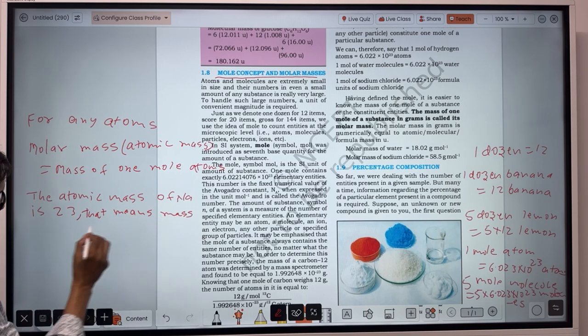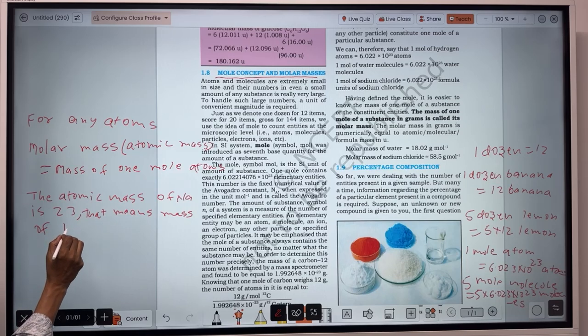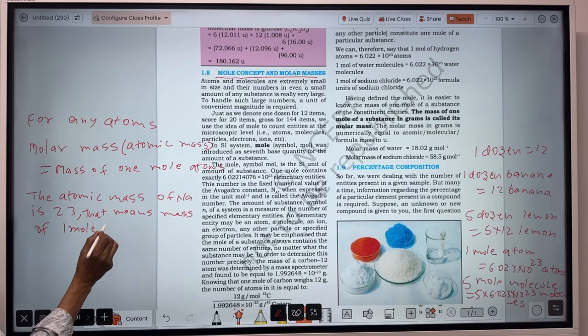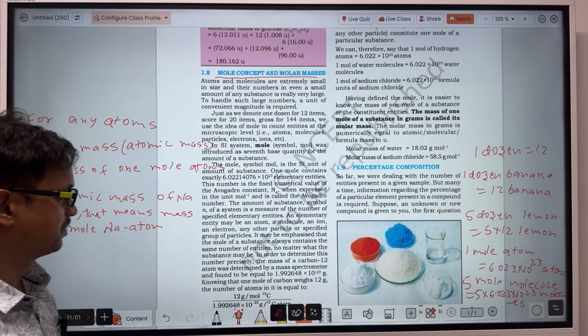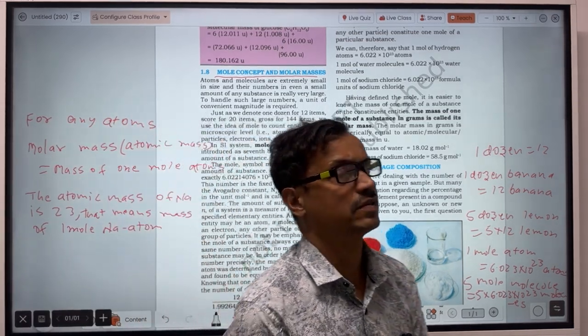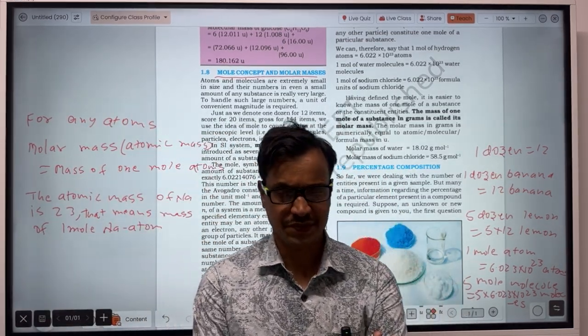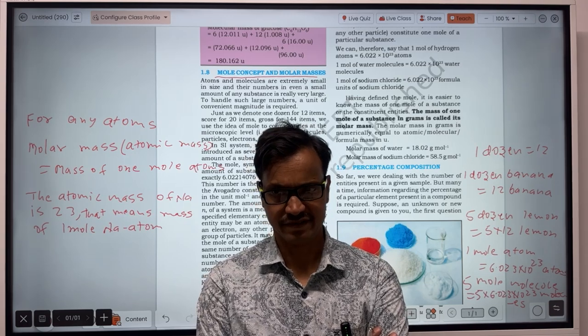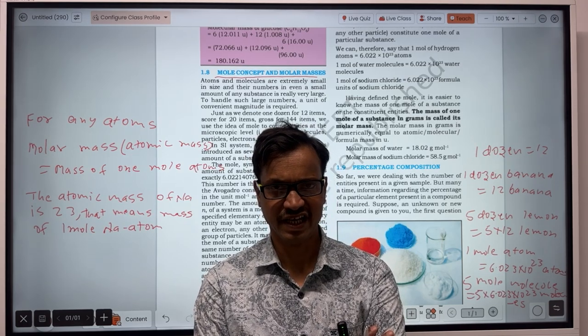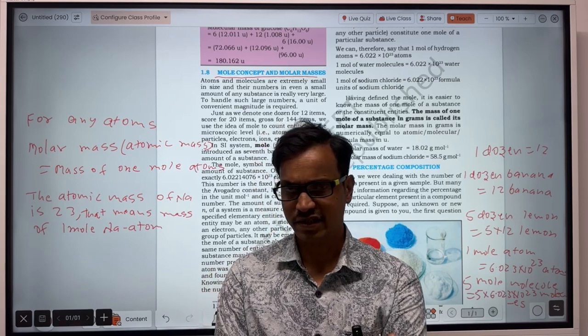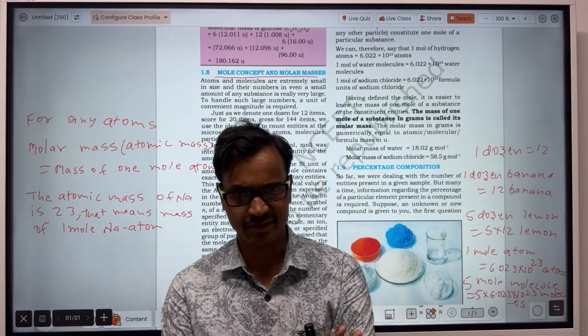the mass of 1 mole of sodium atoms. Atomic mass of sodium is 23. So when the number of moles of sodium is 1, that is 6.023 into 10 power 23 atoms, then their mass will be 23 gram.